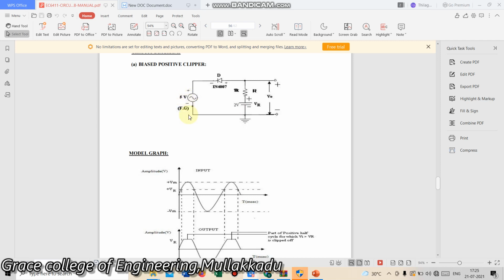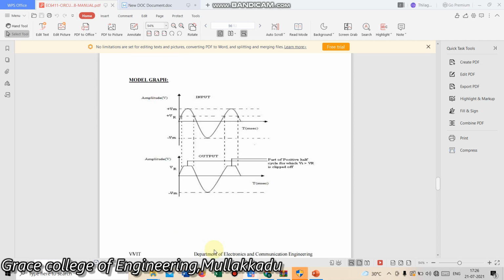See, the input wave is a sinusoidal waveform and the output wave is clipped to some voltage. This is the input waveform and this is the output waveform. Since some voltage is clipped in the positive half cycle, it is called a positive clipper.